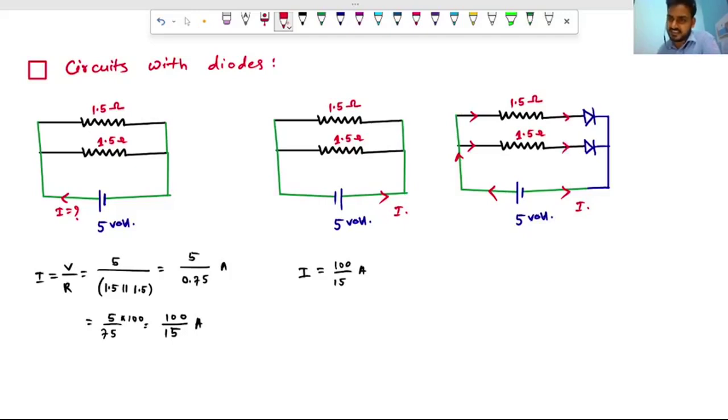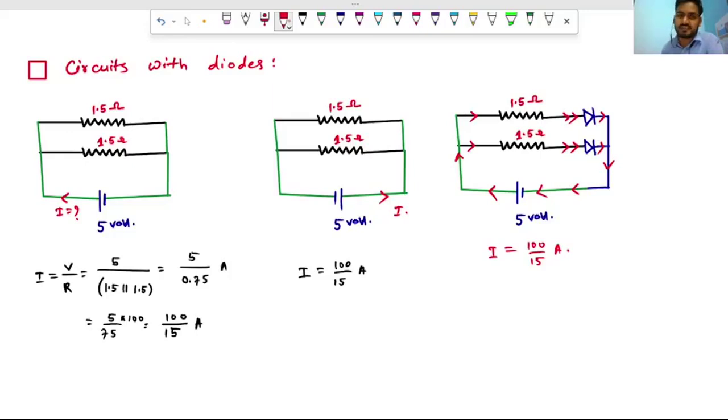As we can see, the current will try to get into the diode, and as the diode symbol is showing arrows, it is forward biased, so definitely it will allow the current. So current will flow through this, they will get added, and this was for the earlier case, and current will come back to the battery again. Here also the current will be as it is as before, that is 100 by 15 ampere.